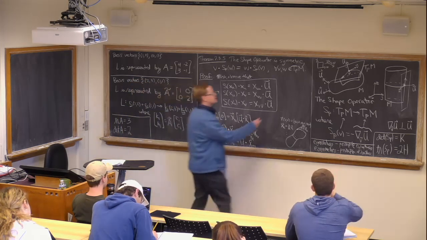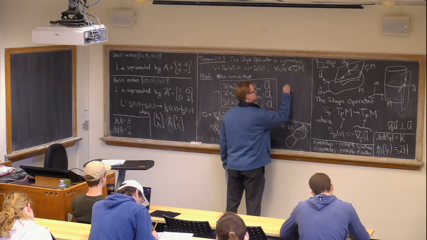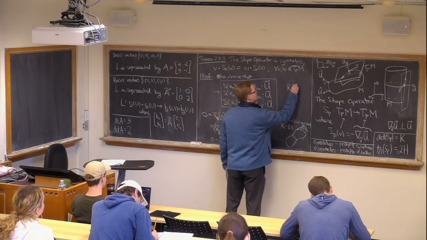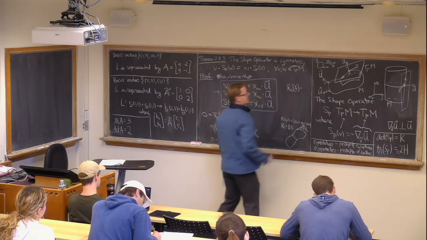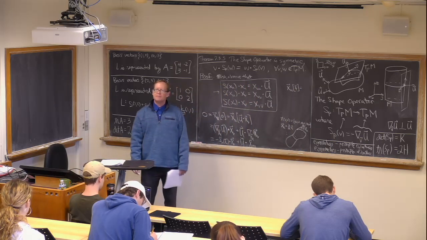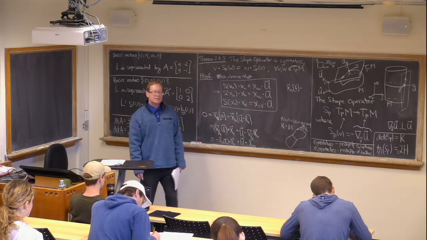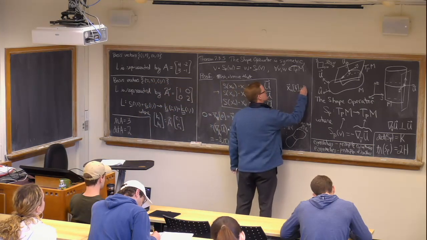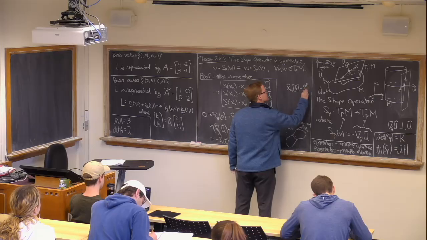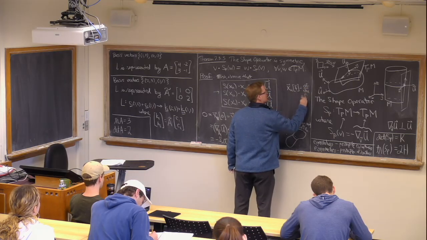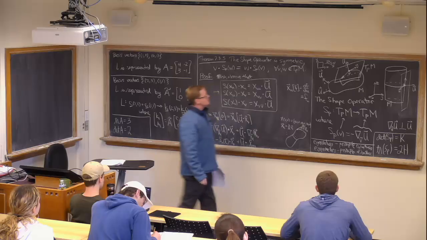I'm using the fact that if you have xu and you apply it to a function, that's how we write directional derivatives. It's different from your multivariable calculus class. A function f in the direction xu is equal to partial f partial u, which we're going to write as f sub u.